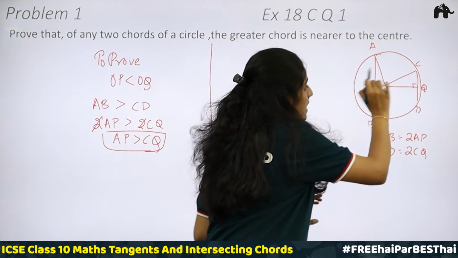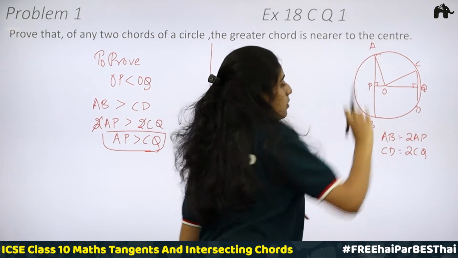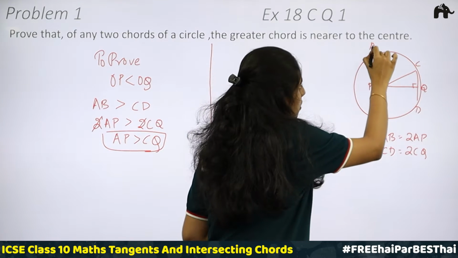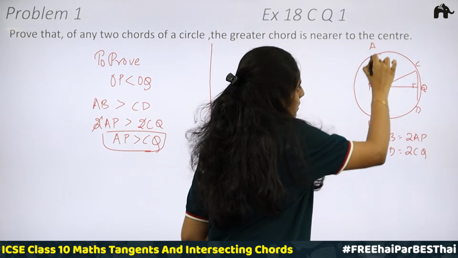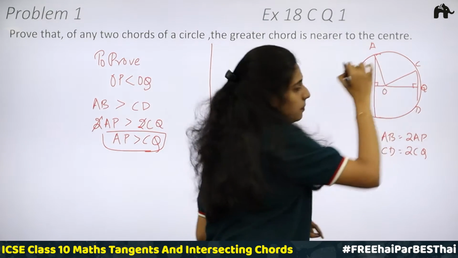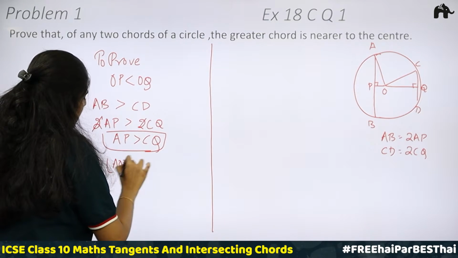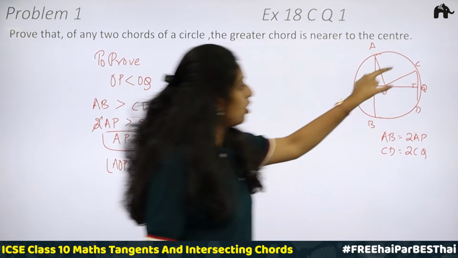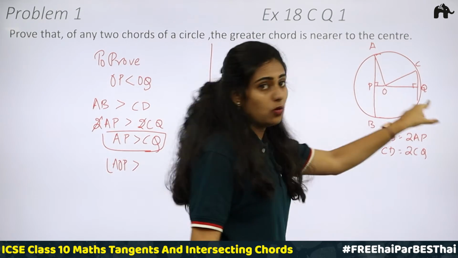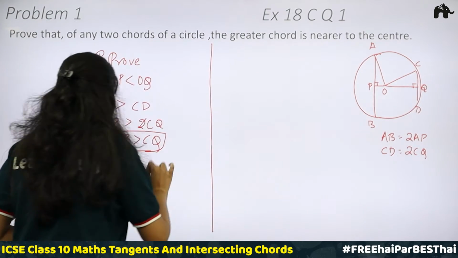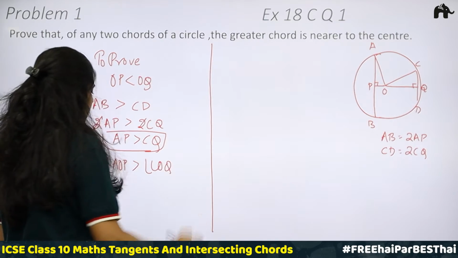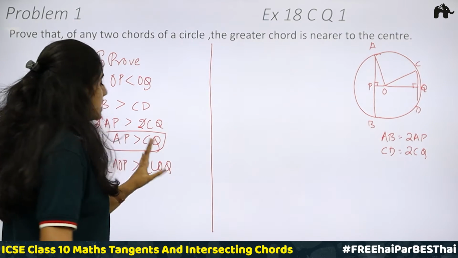Therefore, the angle that is opposite to the greater side will be greater. Opposite to AP, we have angle AOP, which will be greater than, opposite to CQ, angle COQ. Angle AOP is greater than angle COQ.